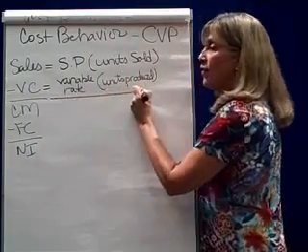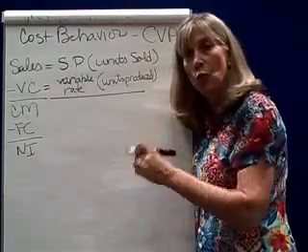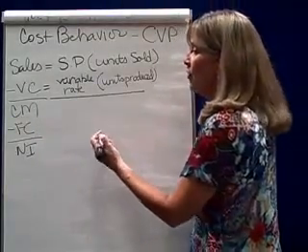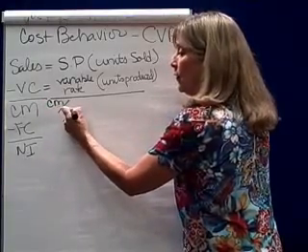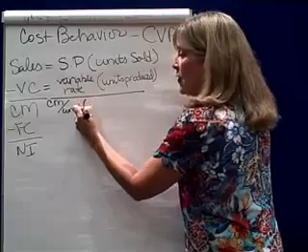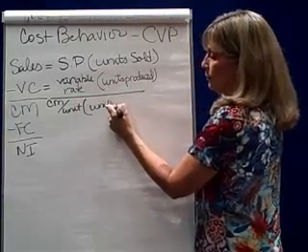And that means then that the contribution margin, or CM, what it contributes, is going to be equal to the contribution margin per unit times the units produced and sold.